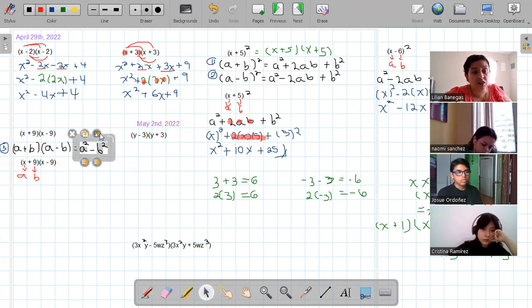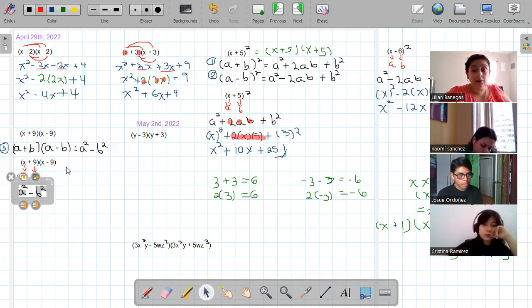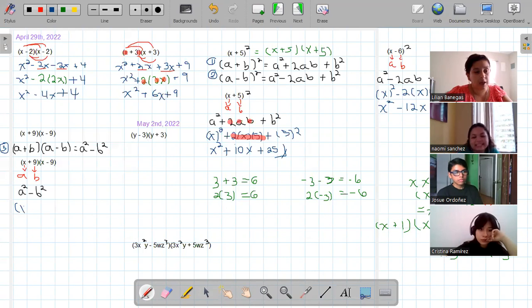I'm using only this second part. Because I'm multiplying, instead of doing the distributive property and after that simplifying, I will be using only this. So we said that x is a, so I'm going to place a, which is x, squared, minus b, b is 9, so I'm always placing it in between the parentheses, so 9 squared.